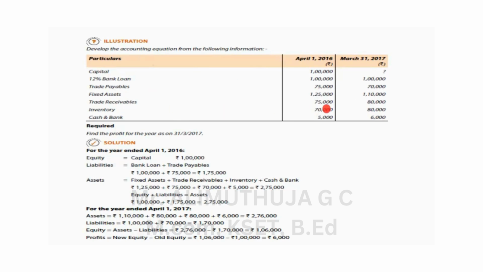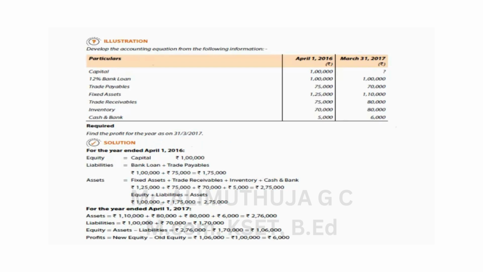Trade receivables: 75,000 and 80,000. Inventory: 70,000 and 80,000. Cash and bank: 5,000 and 6,000. We are required to find the profit for the year as on 31st March 2017. You need to find the capital, that is the question mark, and also the profit for the year as on 31st March 2017 by applying the dual aspect concept.